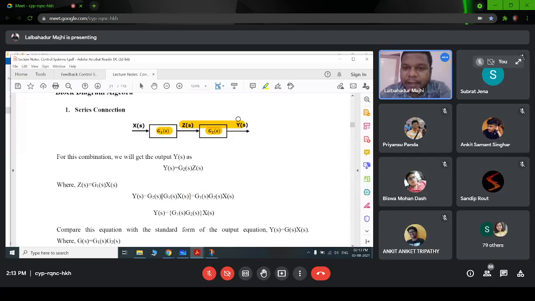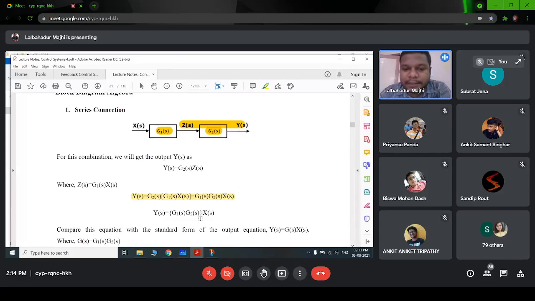This is the output Y of S. Now we can say Z of S is equal to X of S into G1 of S. So Z of S can be replaced with X of S into G1 of S. So the final equation, by substituting Z of S, is Y of S equals G1 of S into G2 of S into X of S.